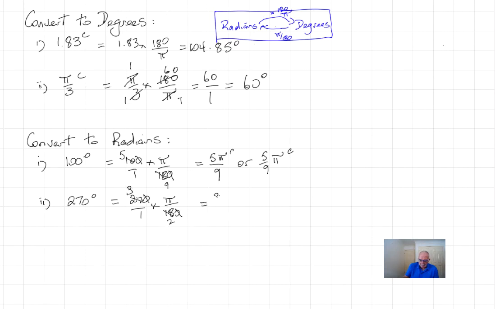So that will be equal to 3 pi on 2 radians, or 3 on 2 pi radians. Either one. Doesn't matter which one of these two you give, both are exactly the same. So there's the conversions from one to the other.